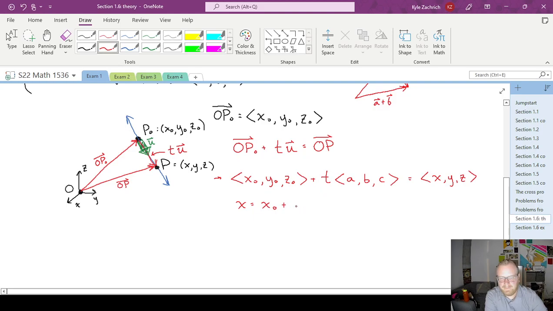It has to be that all of our x components line up: t times that. y also has to be y naught plus bt. z has to be equal to z naught plus ct.